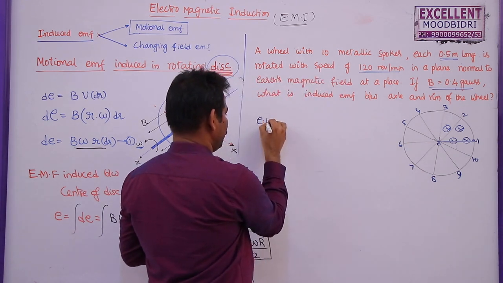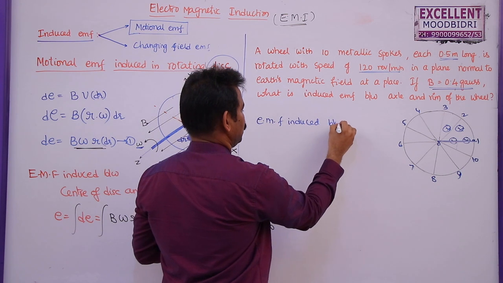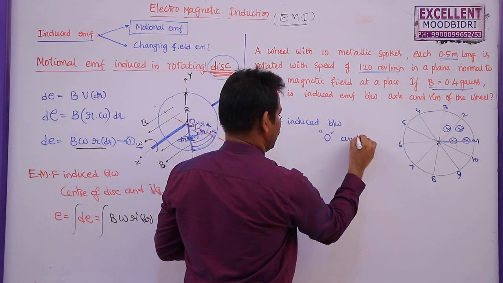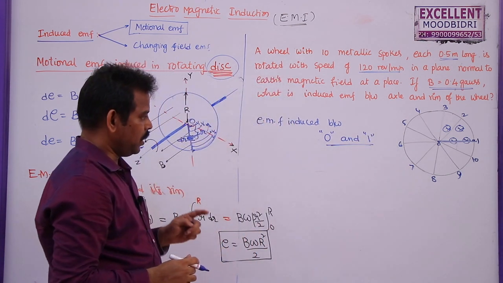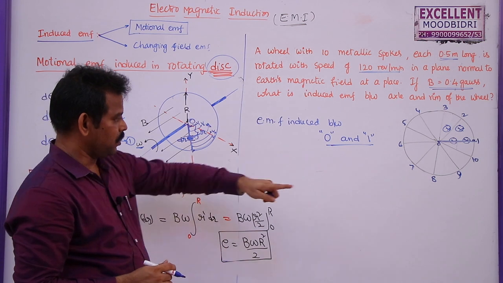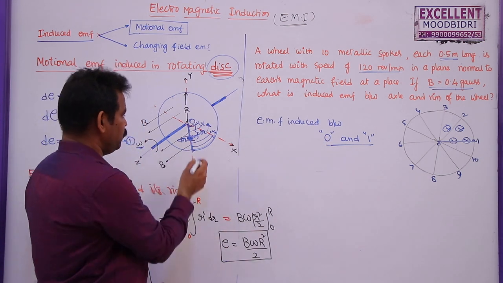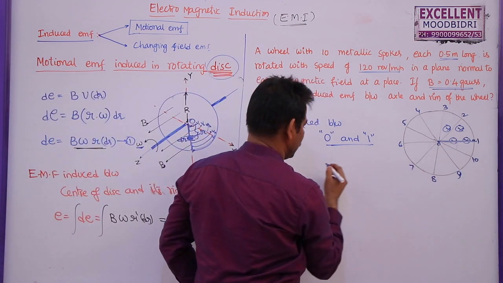So EMF induced between 0 and 1 here, that is the first rod, we can say. The EMF induced is given by, for a rod, the formula is B omega L square by 2. If it is a disk, B omega r square by 2, but it is B omega L square by 2.